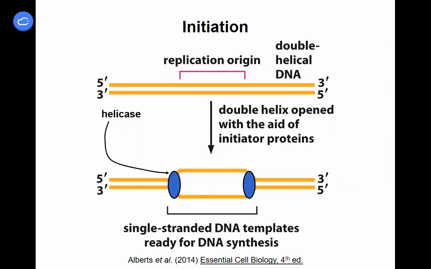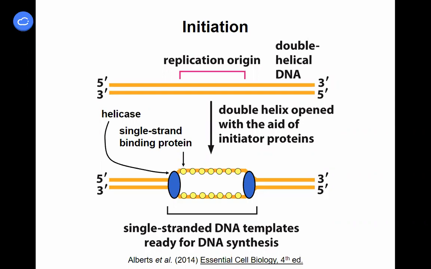So there's helicase binding at the replication fork. Then you have other proteins that bind, called single-stranded binding proteins. These bind to the single-stranded DNA and prevent it from reannealing, from forming double-stranded DNA again, because we want that DNA to remain single-stranded so it can be copied to make a complementary strand, so we can get 2 double helices in the end.